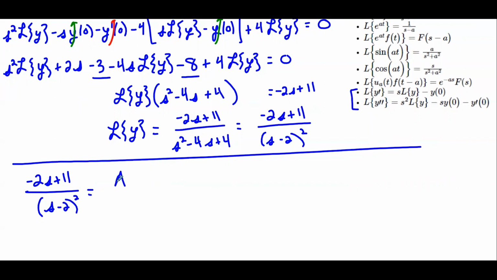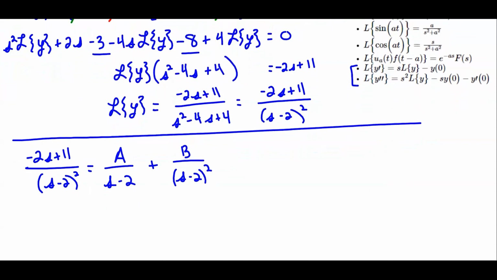That's going to be equal to a over s minus 2 plus b over s minus 2 squared. Right, so that's the setup for a squared linear term. So if you don't remember this, you just need to go back to your calculus 2 or whenever you learned partial fractions and kind of get familiar with the different forms that you have to use.